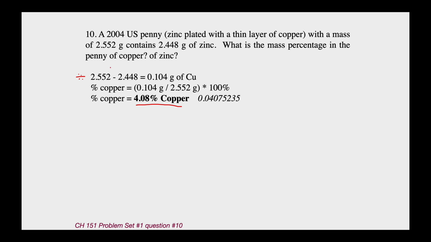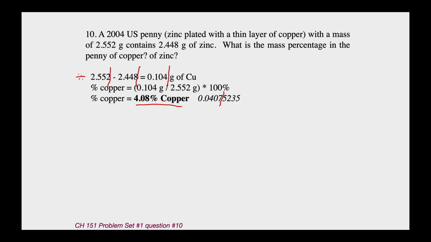Both the numbers we started with stopped at the thousandths. So this number stops at the thousandths. It's a 3 sig fig number. So the percentage down here in decimal form, 0.04075, and so on. Cut it off at the third sig fig. That's the 7.